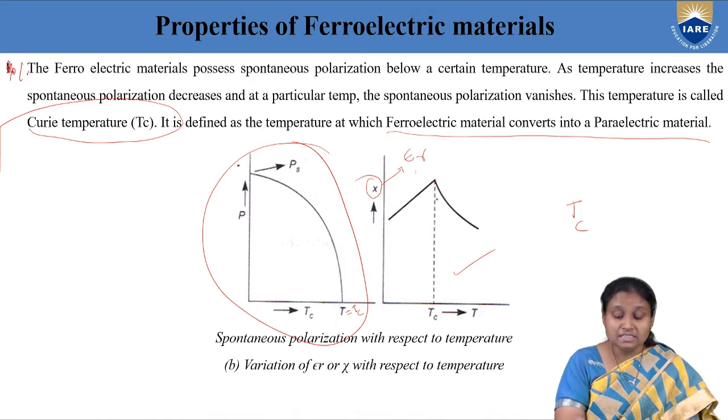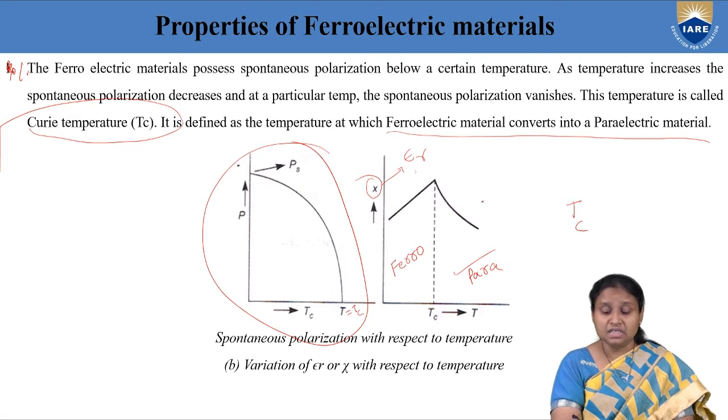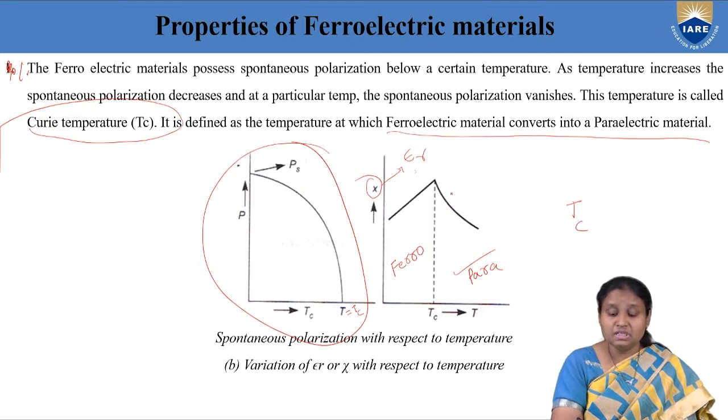And we know that at Tc there is conversion from ferro to para. So here it is in the ferro state and here it is in the para state. Once your material has converted to the para state, with increase of temperature the dielectric constant is reducing and reducing, decreasing.